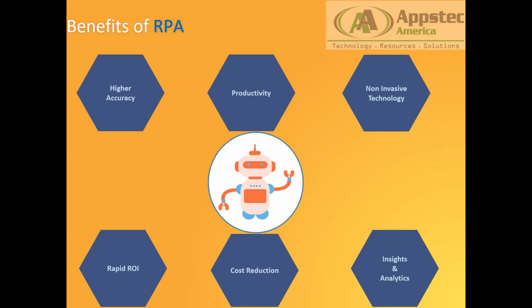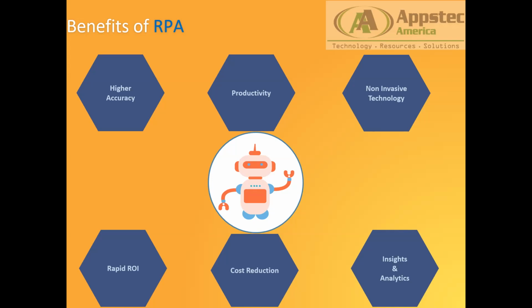So these are all the different returns on investment, and it's very rapid. Why is it rapid? Because you do not have to wait for 1 year, 2 years after investing in RPA. The moment you build your setup, you put your processes in, you set up your expectation, you automate, you put it into production, you are ready to get the benefit.